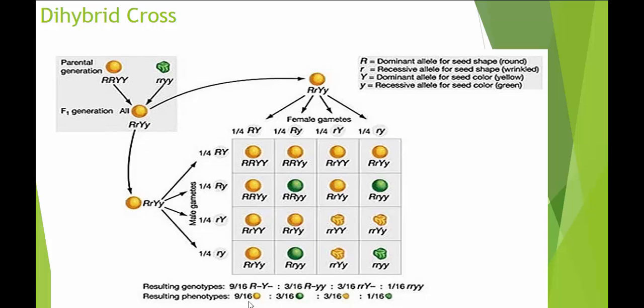There, 9 out of 16 offspring are going to have capital R and Y. They're going to be round and yellow. 3 out of 16 are going to be round and green, meaning they're going to have at least one capital R and two lowercase y's. We have 3 out of 16 that are going to be wrinkled but yellow because of two lowercase r's and one capital Y. And 1 out of 16 of them is going to be green and wrinkled.